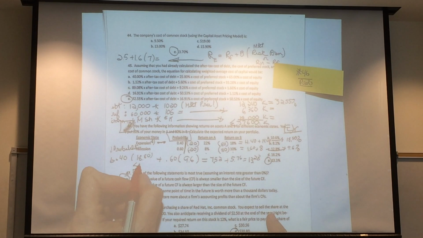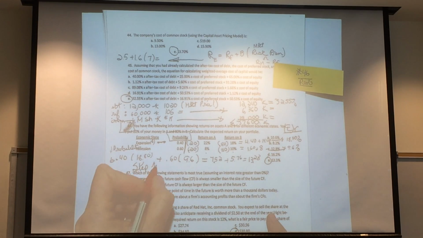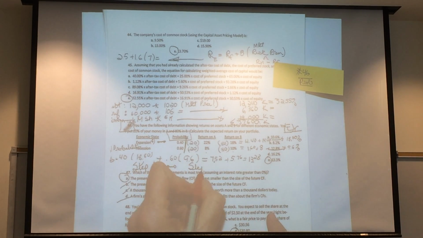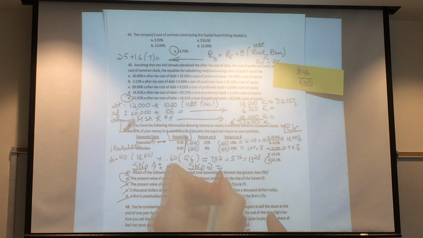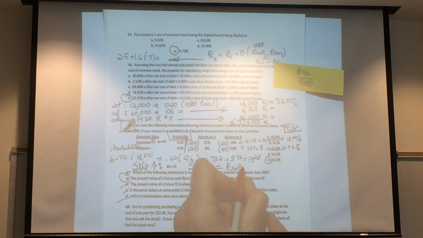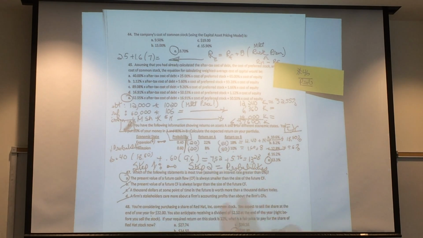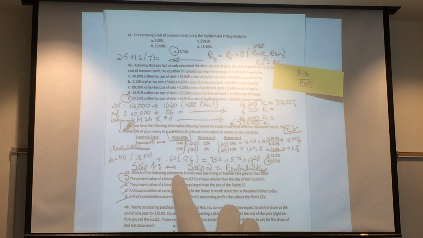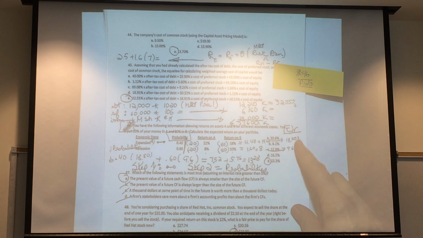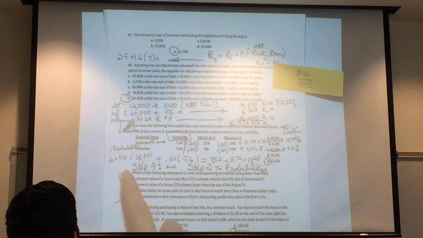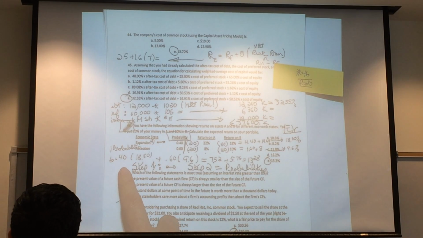So again, step one, I don't want anybody to get it wrong: use the weights. Step two, probabilities. Don't do probabilities until you've completed step one. Now that I have the expected returns for both scenarios, I can multiply them by the probabilities of either an expansion or a recession taking place.